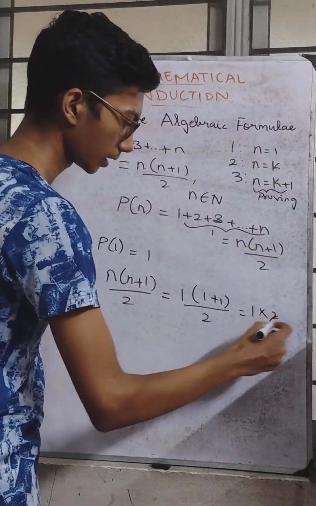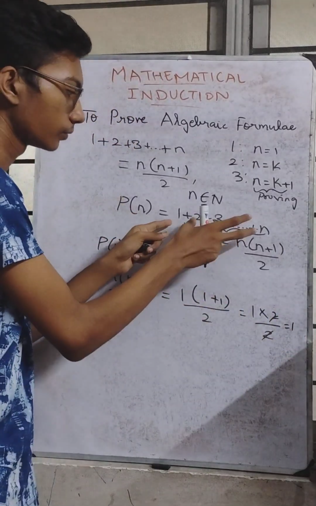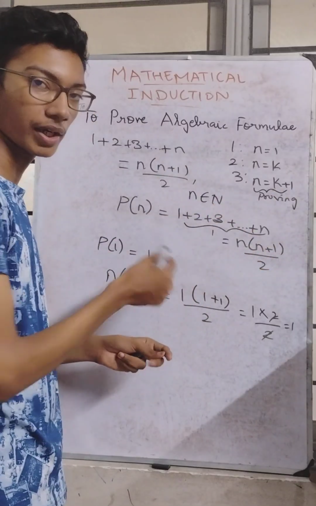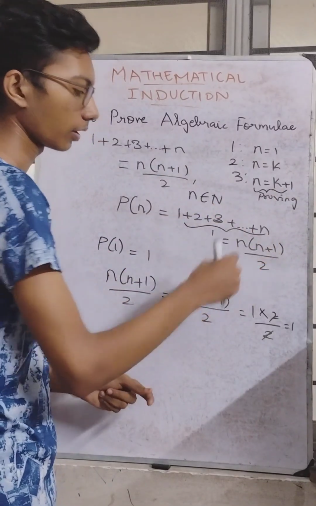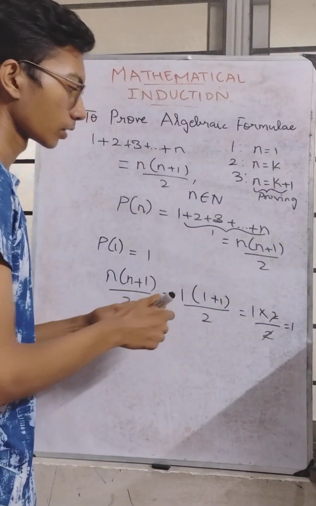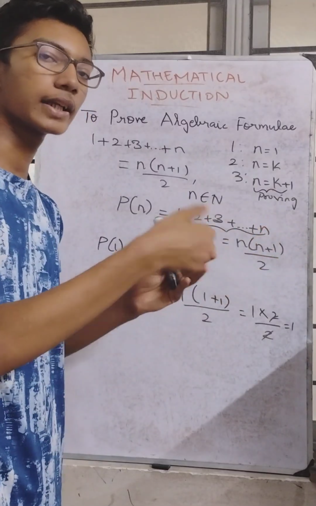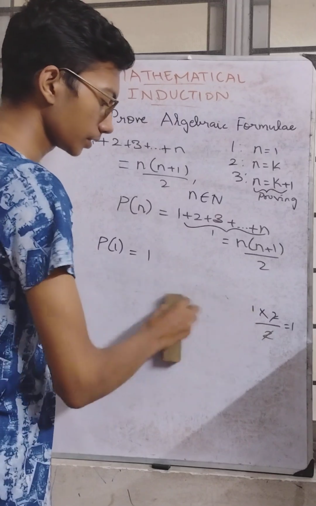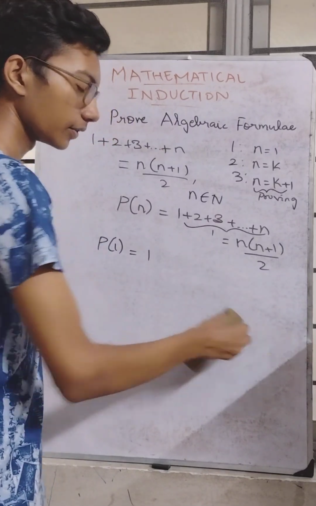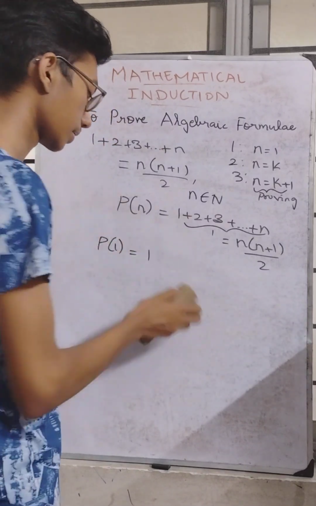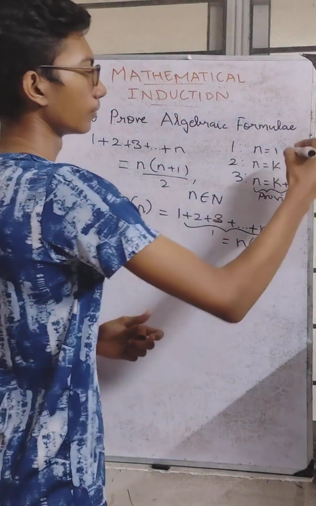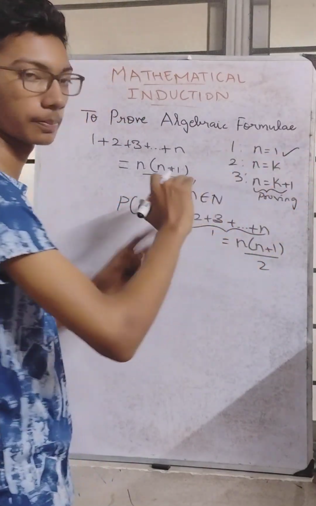The 2s cancel, which gives 1. So from 1 plus 2 plus up to n terms, we have got 1 as the result. From this formula, we got 1 as the result. So this formula holds when n equal to 1. So that's the first step. That is for checking if that formula even works for 1. So that's the meaning of that. So this step we have done. So the first step is done.